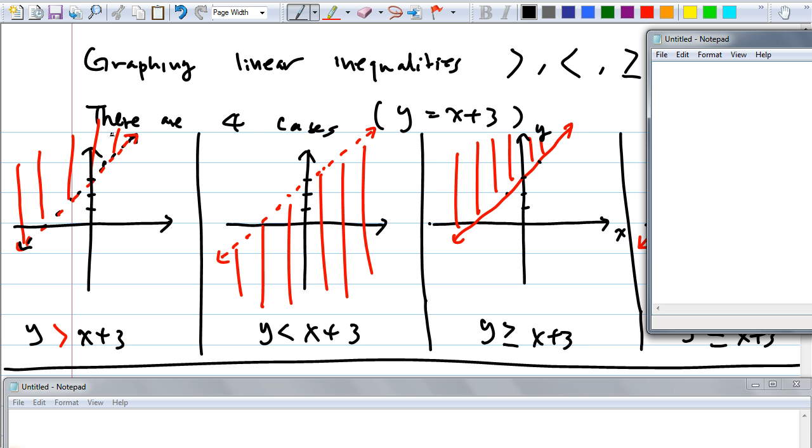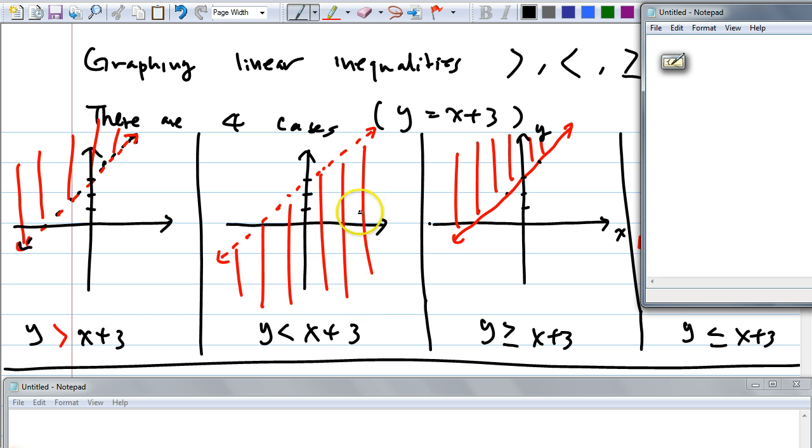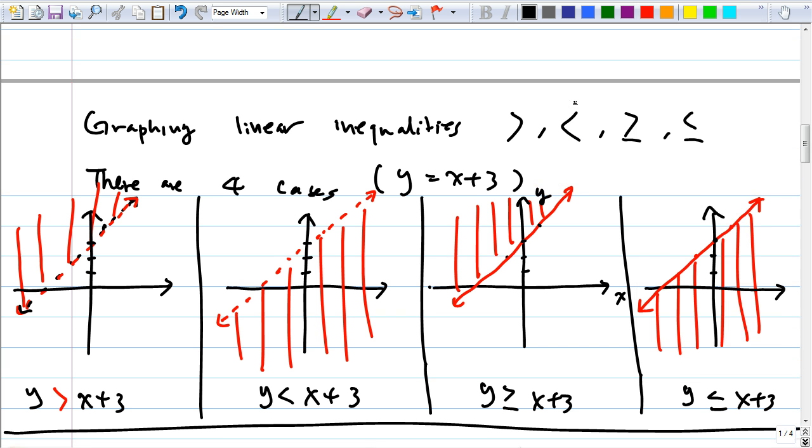Do you understand? And the last one will look very similar to y less than x plus 3, but what's the difference? The only difference is now the boundary line will be solid. Does that make sense? How many got all 4 of these correct? So you could have 4 different cases, even with the same boundary line, depending on what kind of inequality symbols you have.